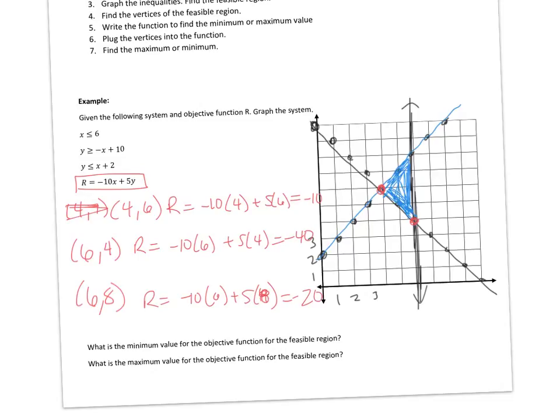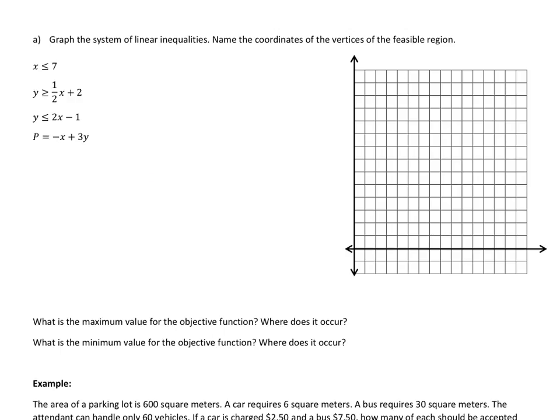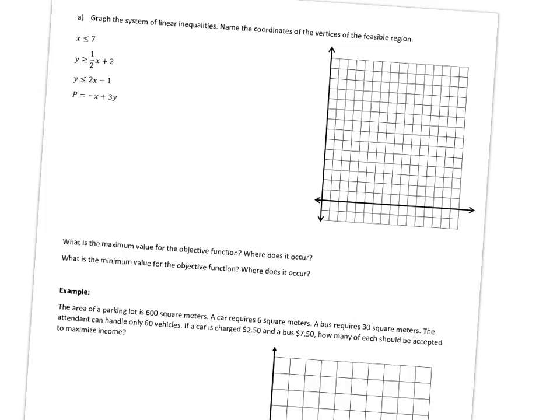Okay, so my minimum value here is going to be negative 40, and my maximum value is going to be negative 10. And you're going to do the exact same thing for question A on the next page, or on the back of that page. So go ahead and do that, and then use the answer key up front to check yourself.